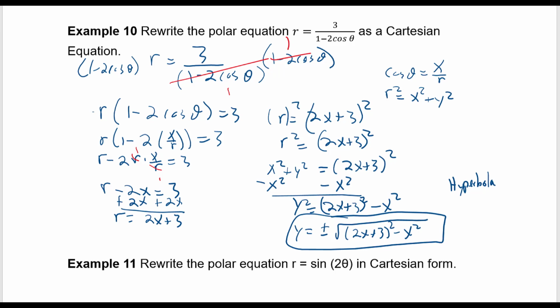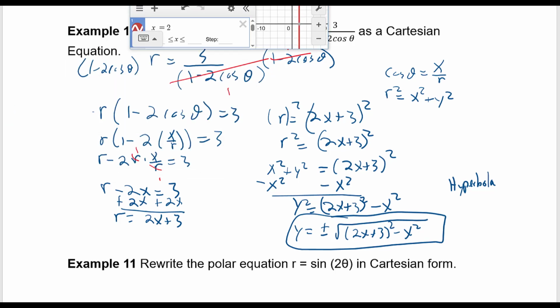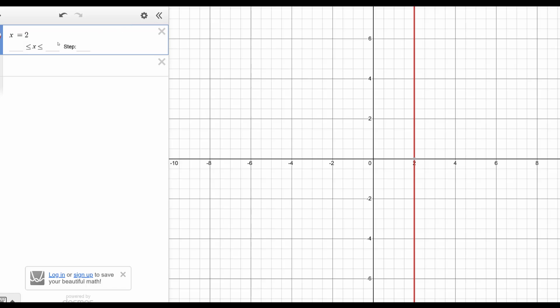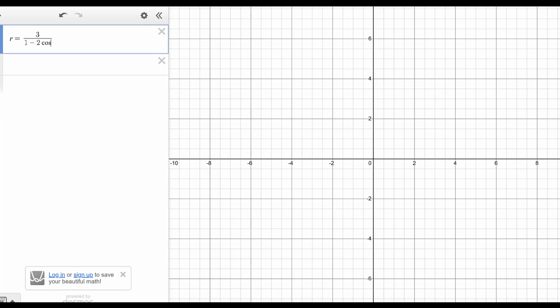Okay, I can hear you asking, so let's go ahead and bring the graph back over, and we'll look at these graphs. The first one was r equals 3 divided by 1 minus 2 cosine theta.